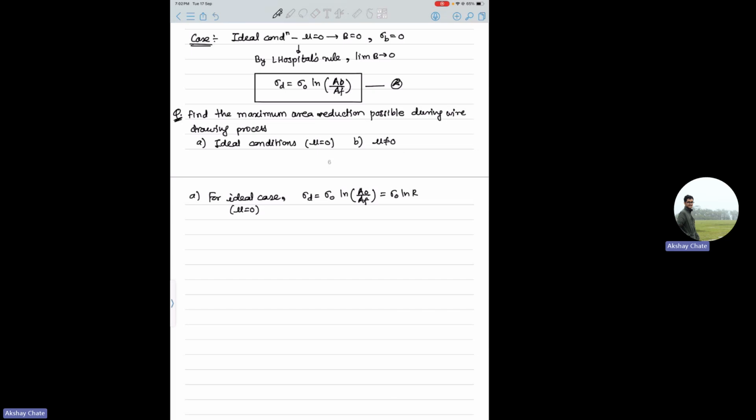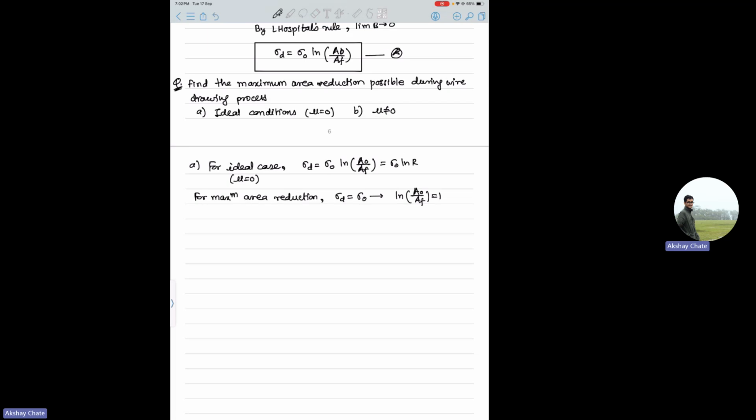So, for maximum area reduction, you need to have the drawing stress equal to your mean flow stress. Therefore your ln of A naught by AF becomes equal to 1. Okay, and ln of that is 1, so in that case, your A naught by AF has to be equal to e.